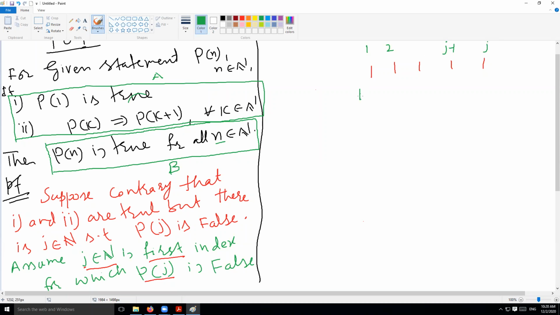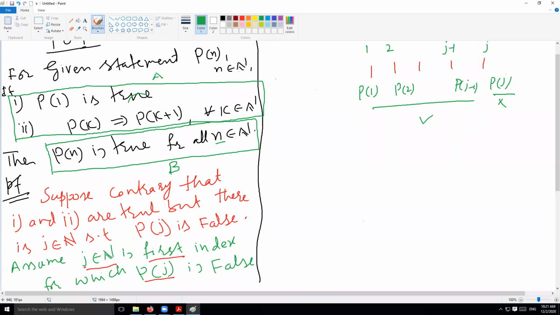In other words, this is representing P of 1, this is P of 2, this is P of j minus 1, and this stick is representing P of j. I'm saying this is the first statement which is false. This means that all of these statements are true.